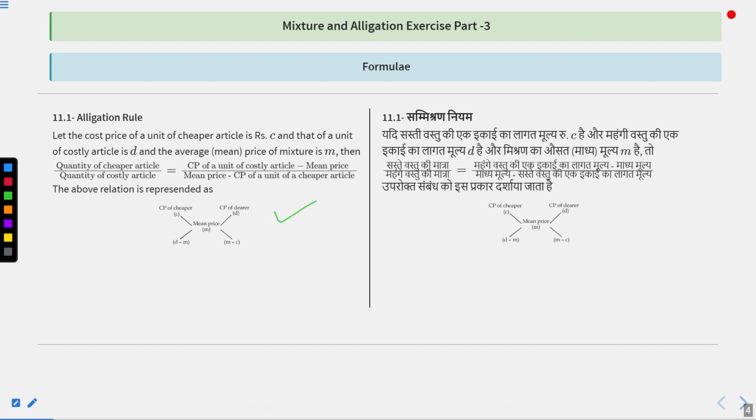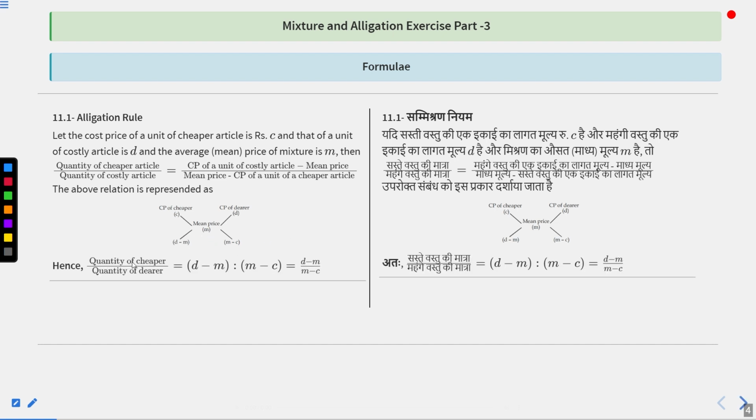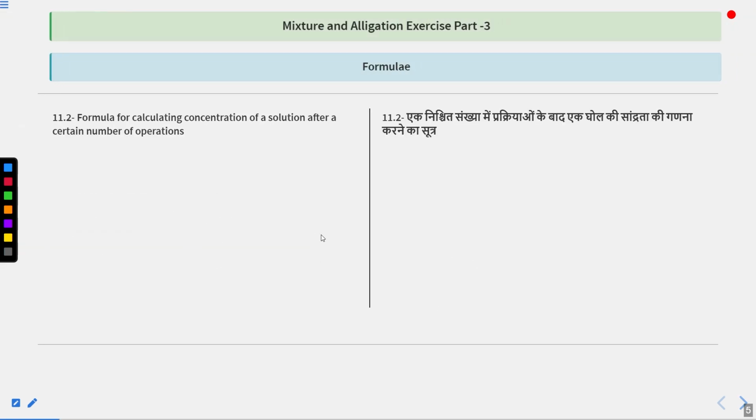So we can write it in this form: CP of cheaper and CP of dearer. Dearer means costlier. So the quantity of cheaper upon quantity of dearer is D minus M ratio M minus C.